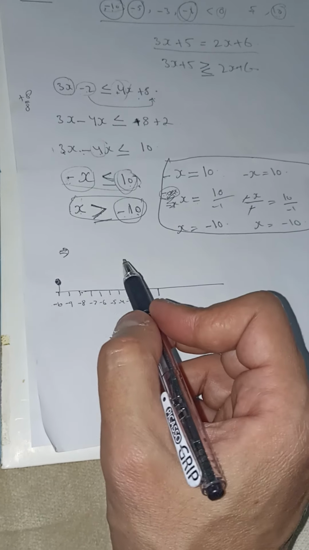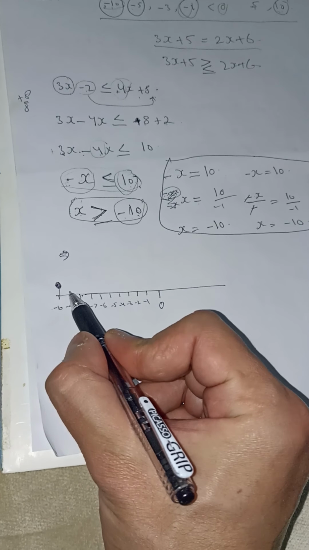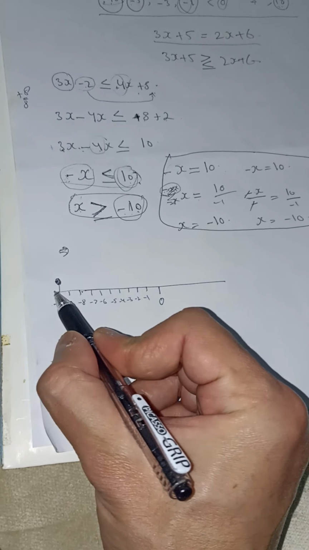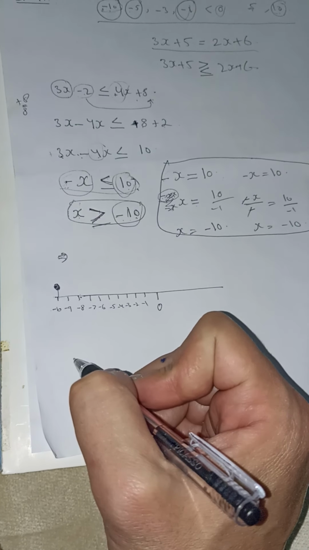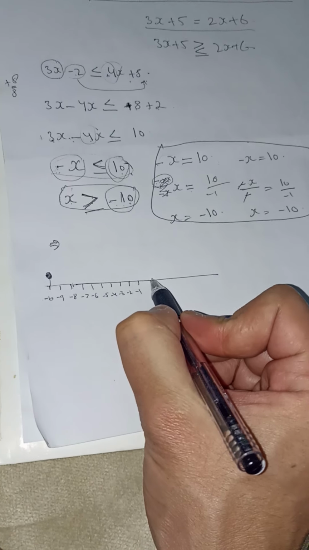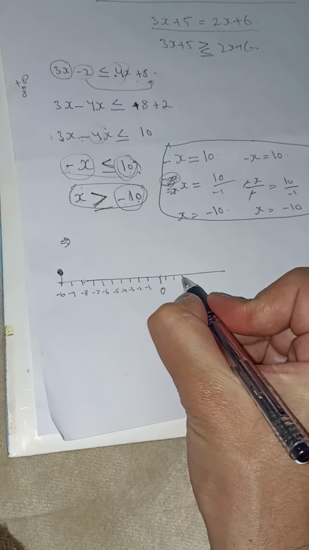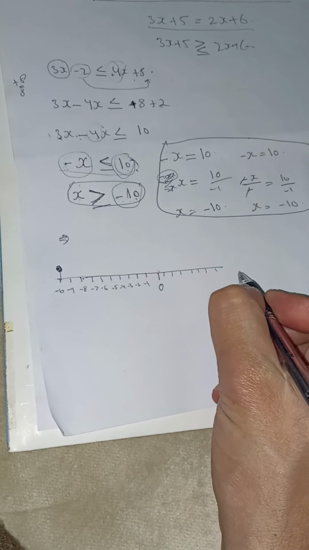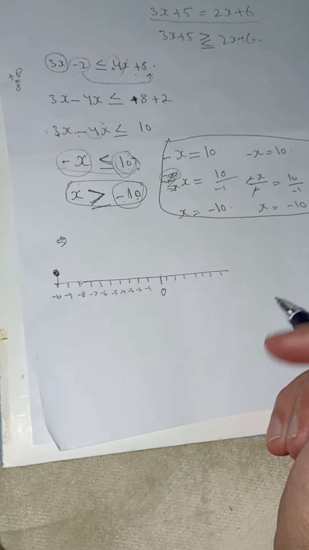So what is greater than minus 10? Any number which starts from here, minus 10, minus 9, minus 8 is also greater than minus 10. If we talk about 0, 0 is also greater than minus 10. And then there are 1, 2, 3, 4, 5, 6, also positive numbers, so it is going to infinity.